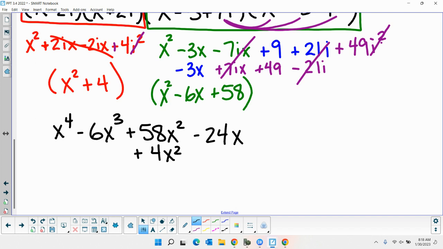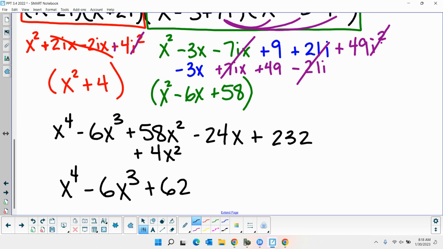And 4 times 58 is what? Plus 232, I think. Yeah, thanks. So I just have the x squareds that are the like terms to finish up. So my answer is x to the fourth minus 6x cubed plus 62x squared minus 24x plus 232.